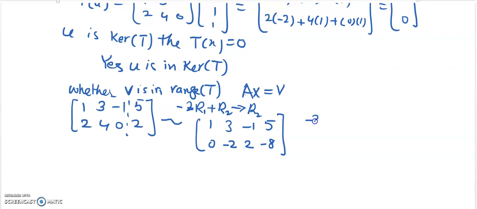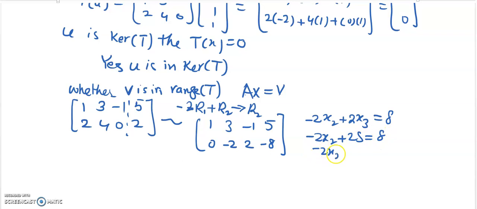So what we get is minus 2x2 plus 2x3 is equal to minus 8. Okay. And since x3 is now an extra variable, we can take x3 as equal to a free parameter s. So minus 2x2 plus 2s is equal to minus 8.